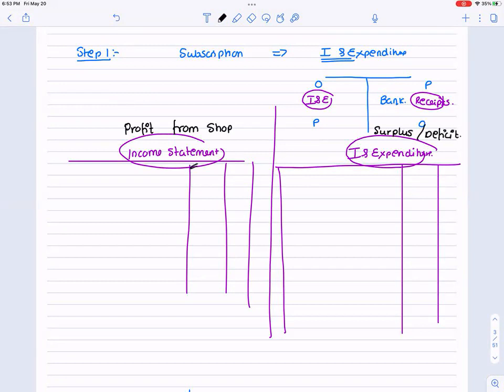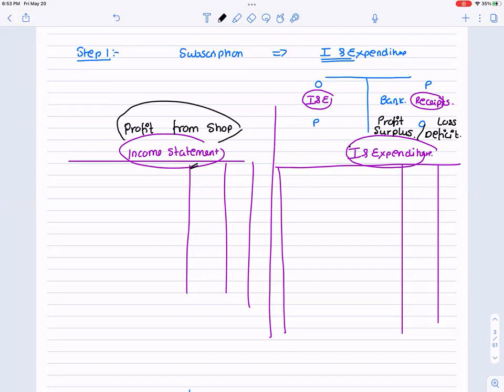Income statement is prepared to find out the profit from shop. Income and expenditure account is prepared to find out the surplus or deficit. Surplus is called the profit and deficit is called the loss. Are you with me?